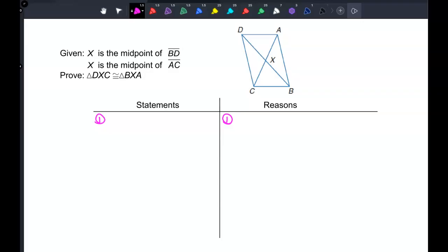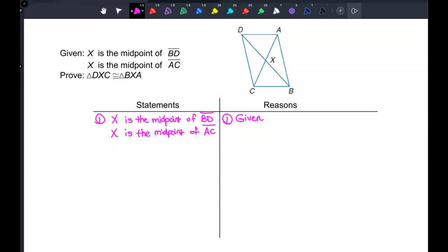Okay, so this one we have X is the midpoint of BD. And we have X is the midpoint of AC. Okay.